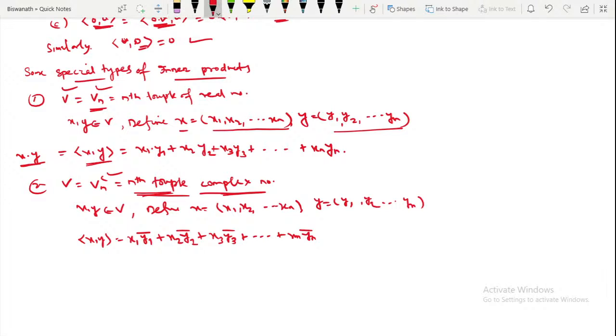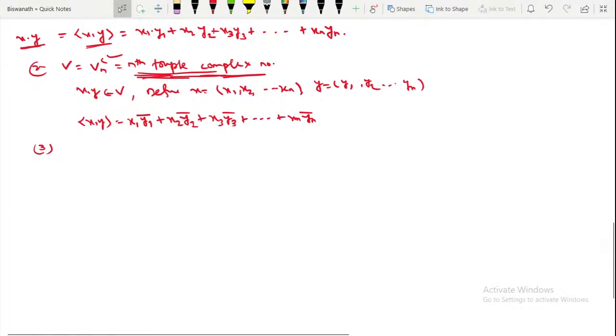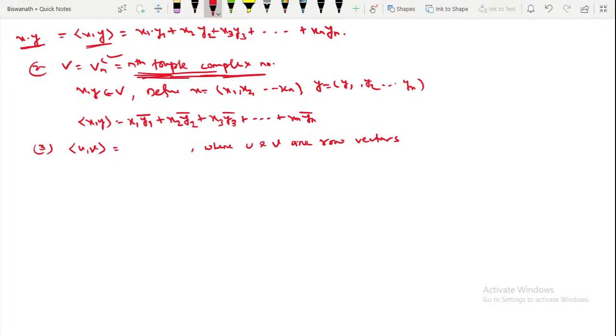So this is the inner product space on this type of vector space. Similarly, if I again change my vector space, for the inner product of u, v where u and v are row vectors, what will be the inner product of u, v?